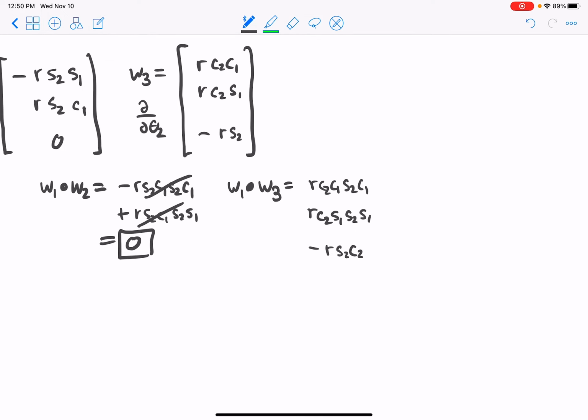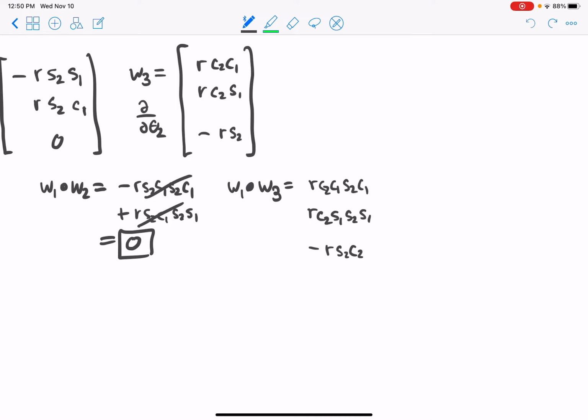Okay, so now I have to simplify, and I notice that I can pull out a common factor here. Maybe a C2, R C2 S1, R C2, or I don't know what it is. It's probably going to be this, so it can cancel. S2 C2, yeah, R S2 C2, R S2 C2.